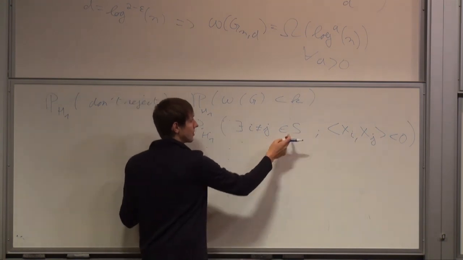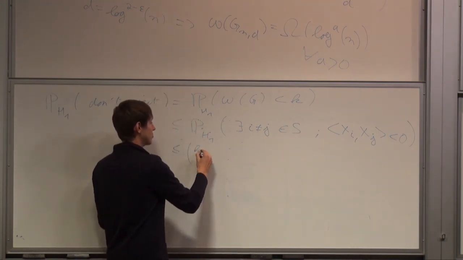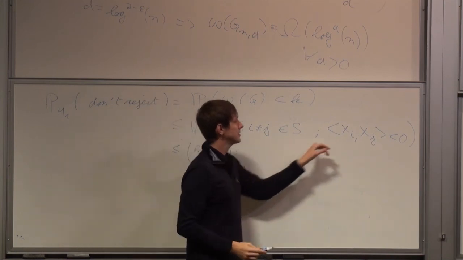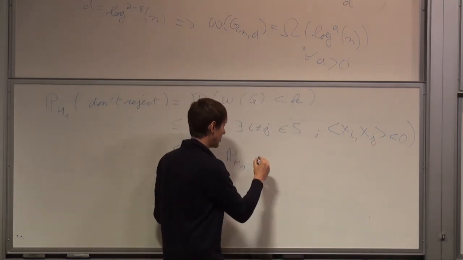The size of S is k, so I have k choose 2 times the probability under H1 that this inner product is negative. So what is this inner product?